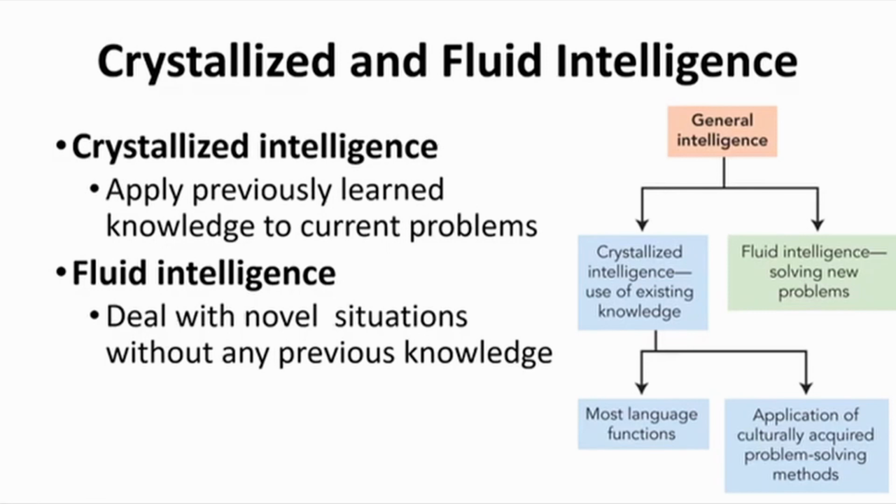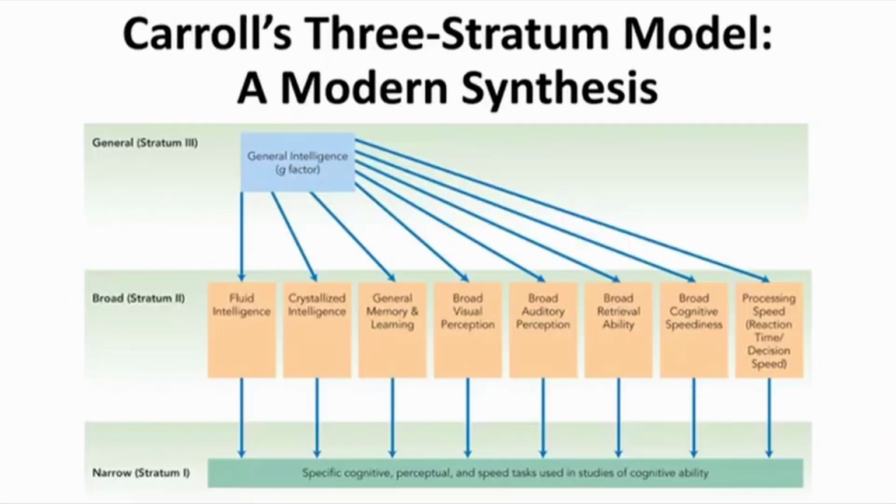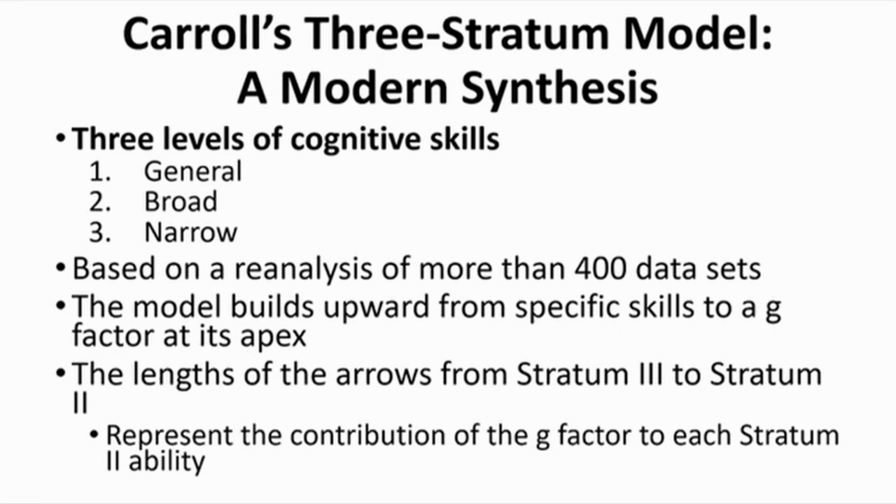For our next theory of intelligence, we're going to look at Carroll's Three-Stratum model. This is a more modern approach where basically John B. Carroll took a look at the field of studying intelligence and realized that there was basically a century of different tests of intelligence that had been conducted.